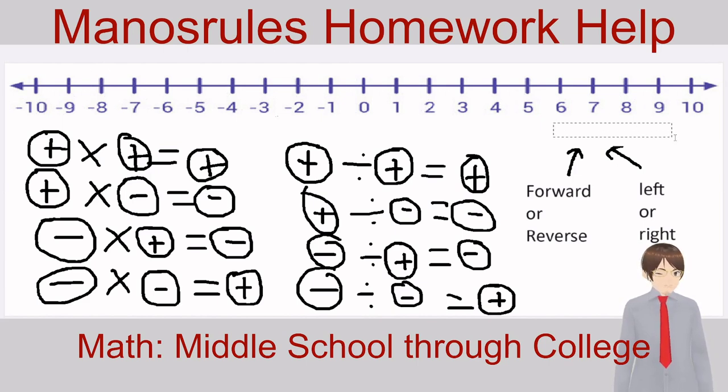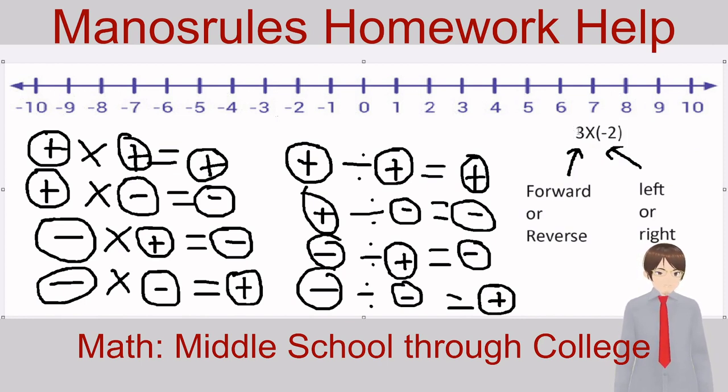Let's do another example. I have to keep the number small so they stay in my little number line here, but let's do 3 times negative 2. All right.